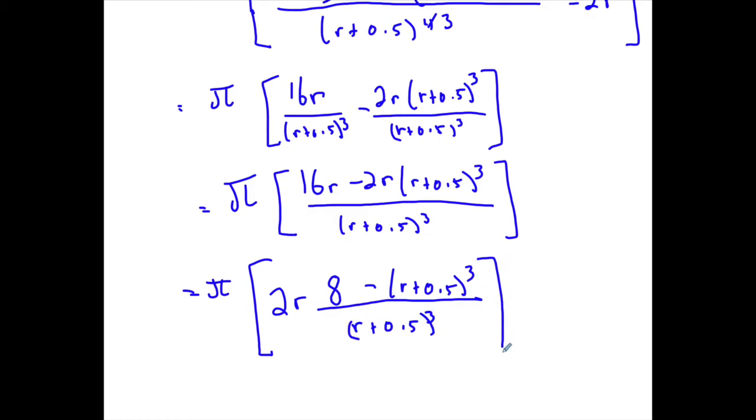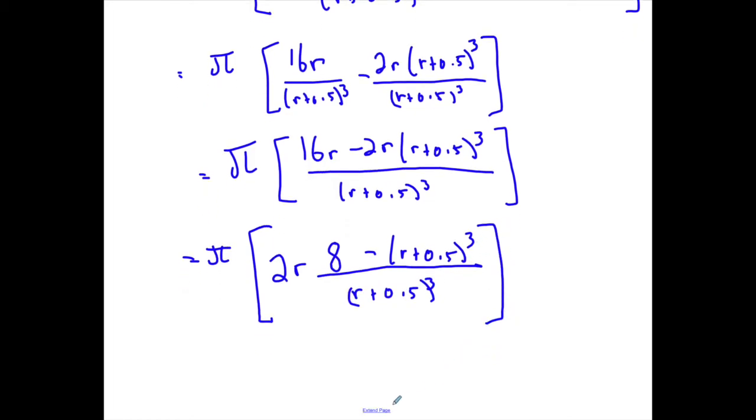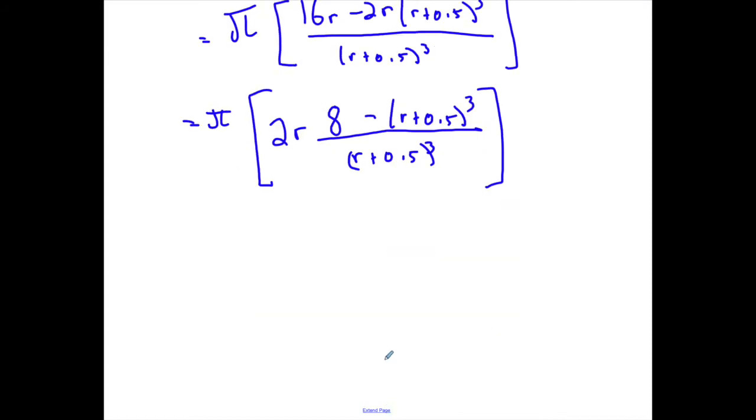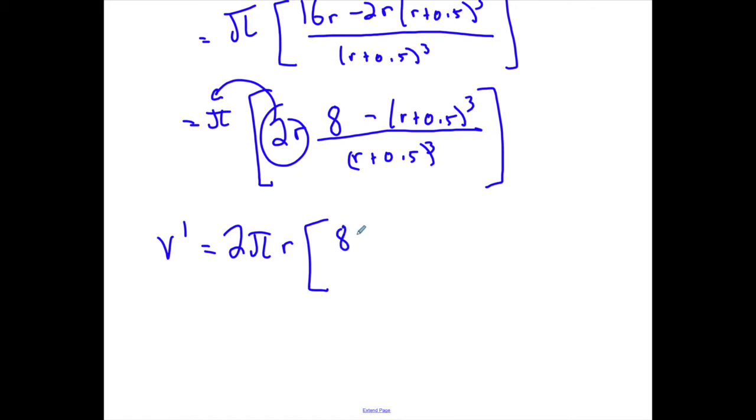And where I take that a step further is I can now take that even further out. So what I get is my final volume derivative is equal to, the 2r will come out, and I get 2 pi r times 8 minus r plus 0.5 cubed over r plus 0.5 cubed.